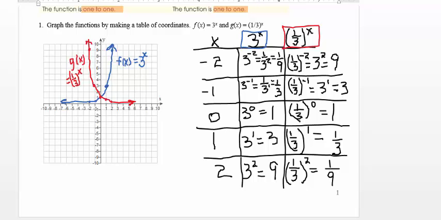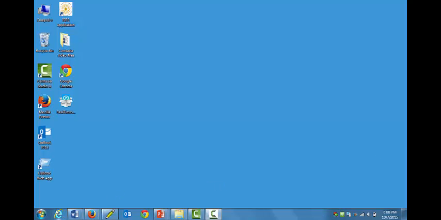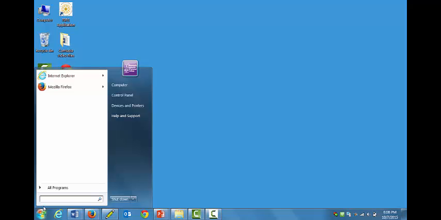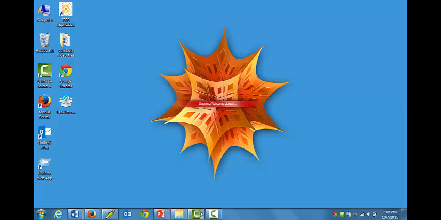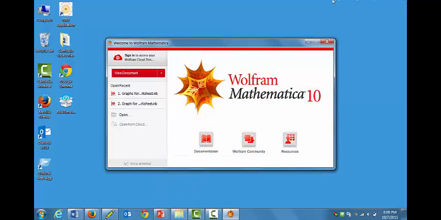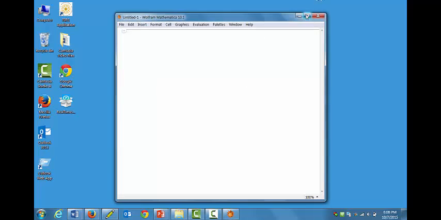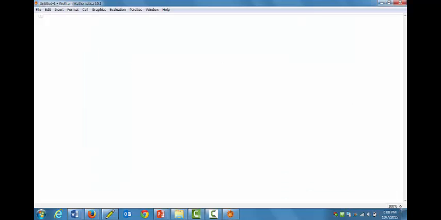Let's look at using Mathematica to actually graph these functions. So I'm going to go to Start, All Programs, Wolfram Mathematica, and select Mathematica 10.1. That opens a new document, a notebook, and I'm going to increase the magnification to 200%. And I'm going to use my Plot function.